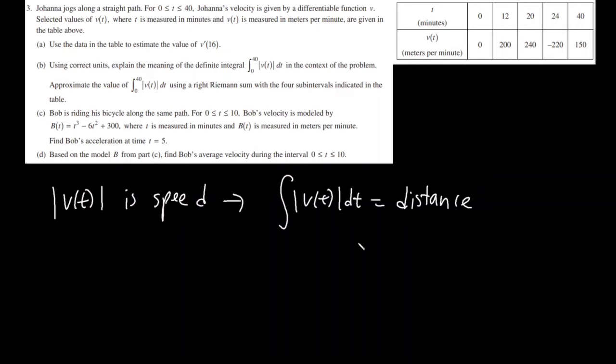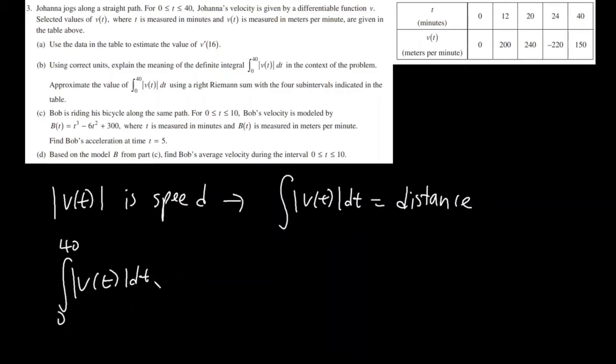So if we're integrating the speed from 0 to 40, that's going to give us the total distance traveled between 0 and 40.